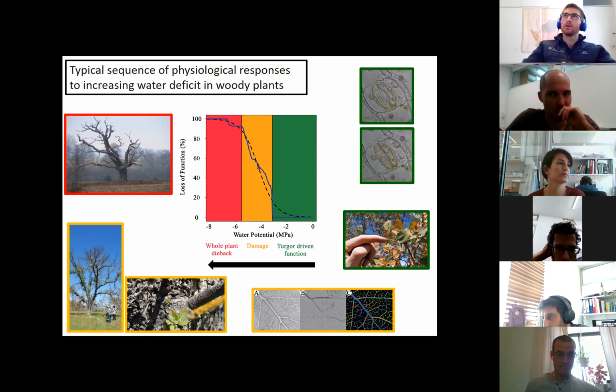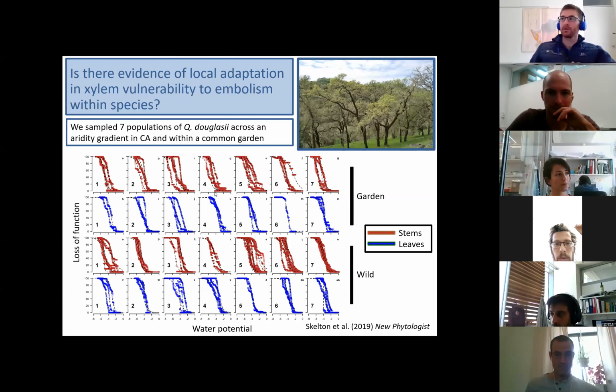Now, your question might have another component to it. I know you've shown that there's variation in vulnerability within a season, but we've done a lot of work where we've tried to quantify patterns within the species.